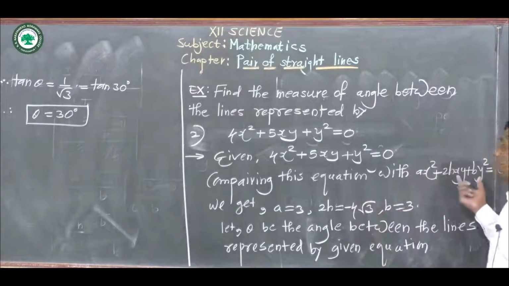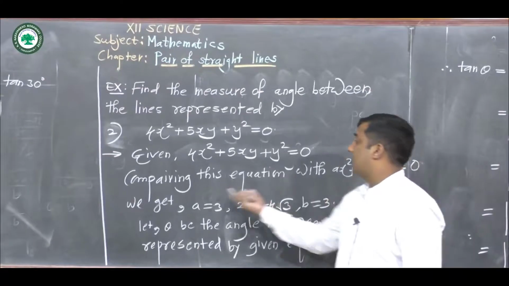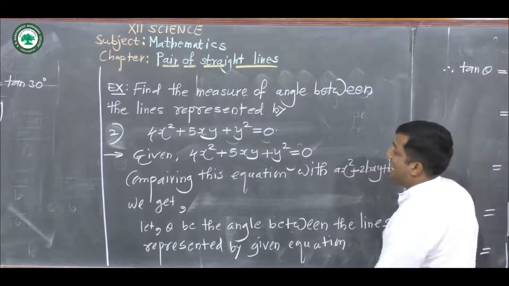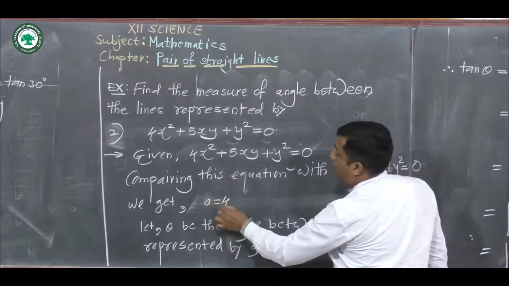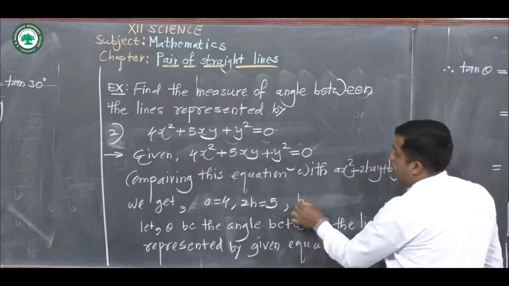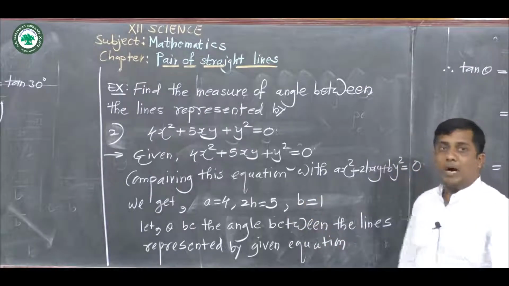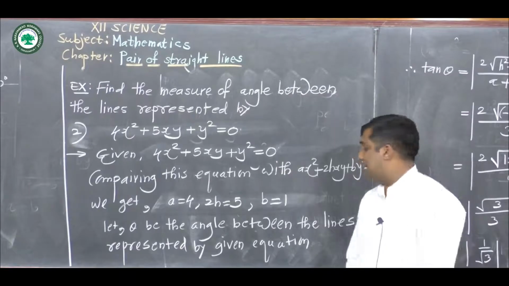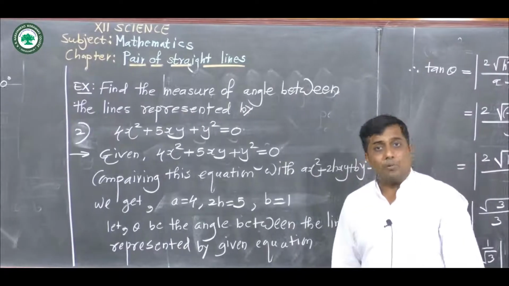Comparing this equation with ax square plus 2hxy plus by square is equal to 0, we get a is equal to 4, twice h is equal to 5, and b is equal to 1. Let theta be the angle between the lines represented by the given equation.